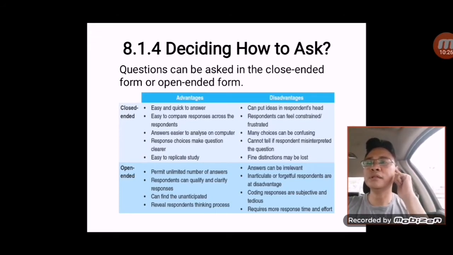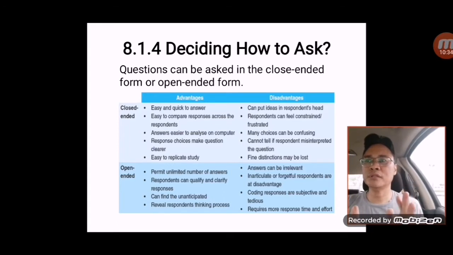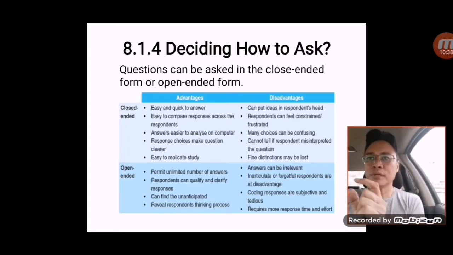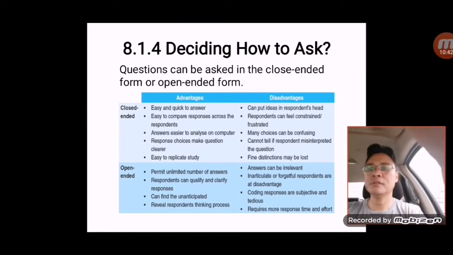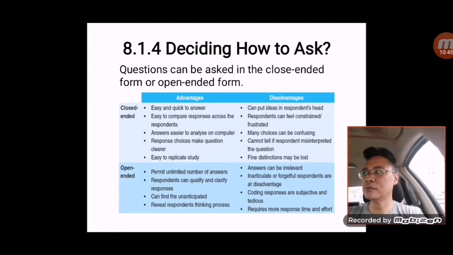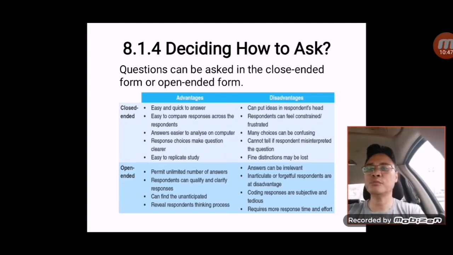And then the open-ended permits an unlimited number of answers, right? Open-ended, usually in a structured quantitative questionnaire, in the last questions there will be some opinions of the respondents about that particular research area or research topic.